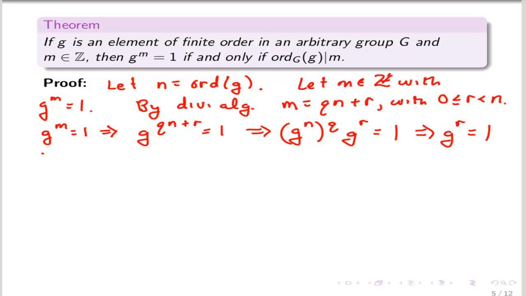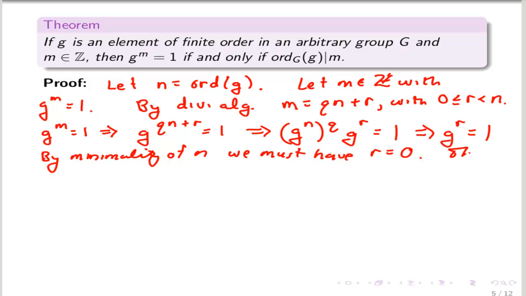Therefore, by minimality of n, we must have r equals 0. Thus, if r is 0, m is a multiple of n. Conversely, suppose n is a divisor of m.